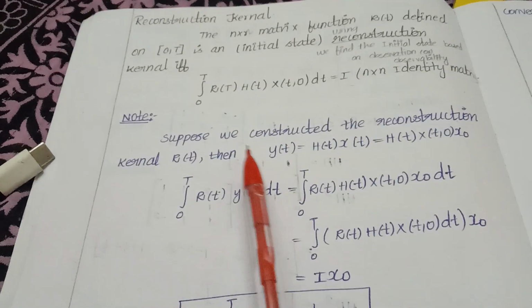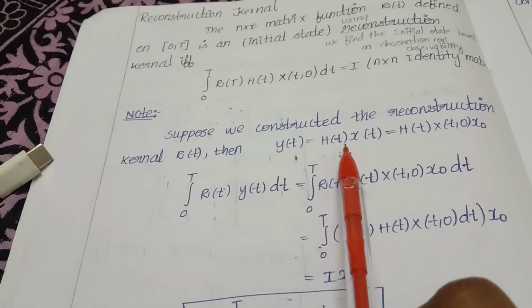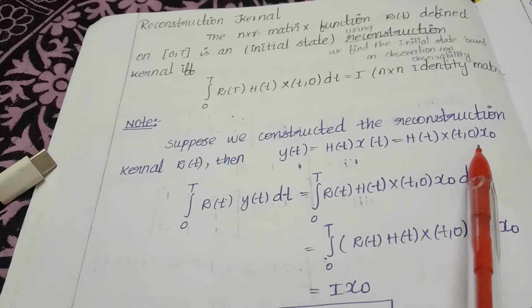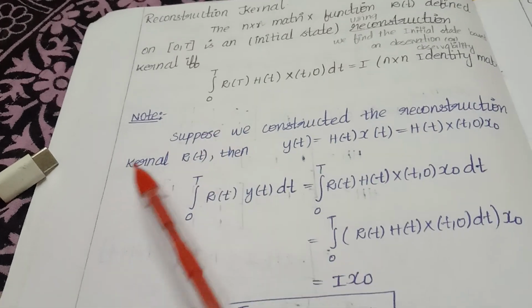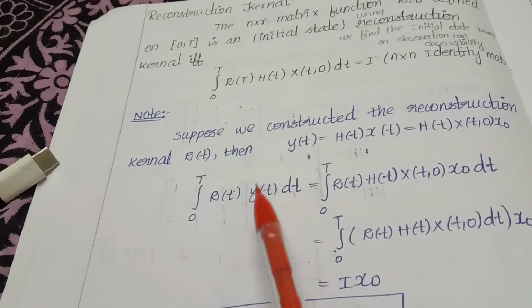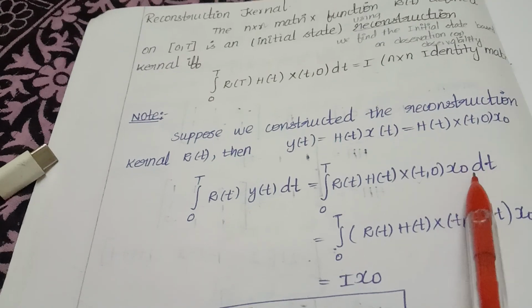So suppose we constructed the reconstruction kernel R of t, and y of t is our observation, h of t into x of t, and x of t is the fundamental matrix into the initial state. So integral 0 to T R of t y of t dt can be written, instead of y of t we replace h of t x of t comma 0 into x naught dt.